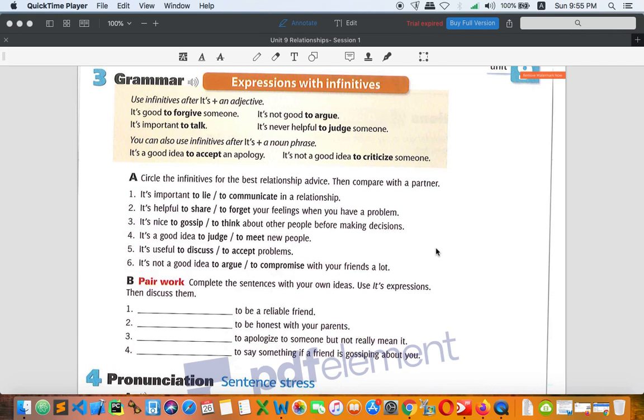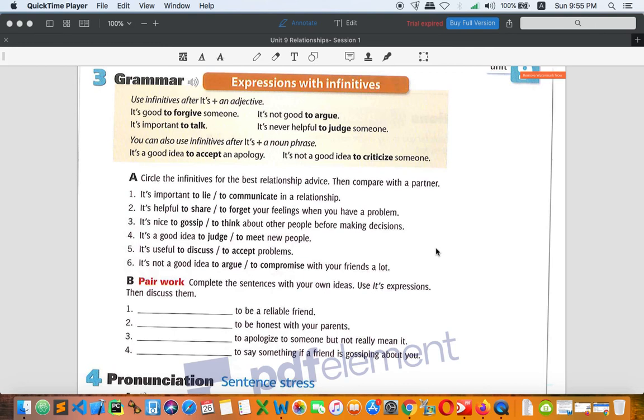Okay, number 4, it's a good idea to judge new people or to meet new people. I think the first time, it depends. People judge others whenever they see them the first time, or maybe they judge people by the way they dress, their appearance, the materials they use, for example, phone, cars, things like that.